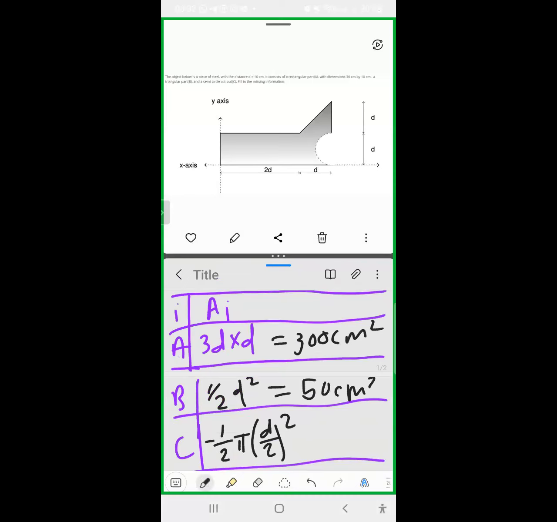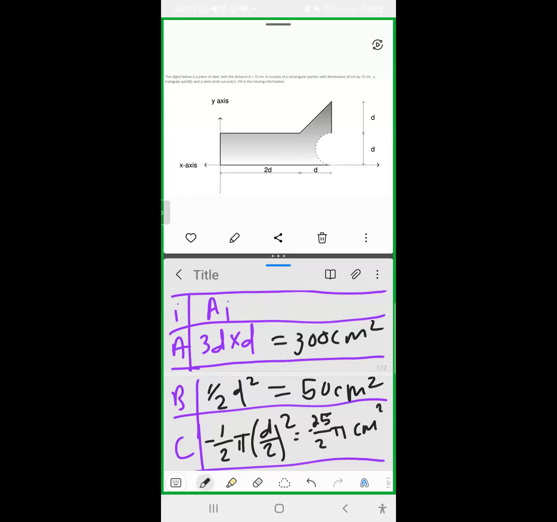And then minus 1 over 2 pi into 10 divided by 2 squared, and this gives us minus 25 over 2 pi centimeters squared. So those are the areas.